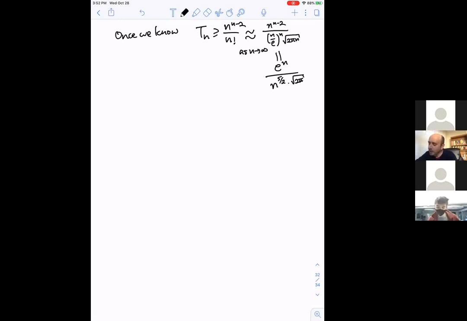And so the way I like to think about this is e to the n, that grows pretty quickly, right? E is almost 3. It's between 2 and 3. So this thing is growing pretty fast. N to the 5 halves, that's like between n squared and n cubed, it does not grow as quickly. This is really the dominant thing. And so it is essentially growing about like 2 or 3 to the n.